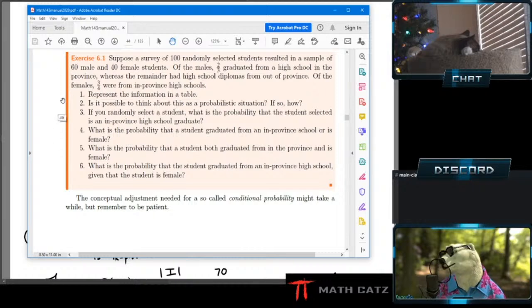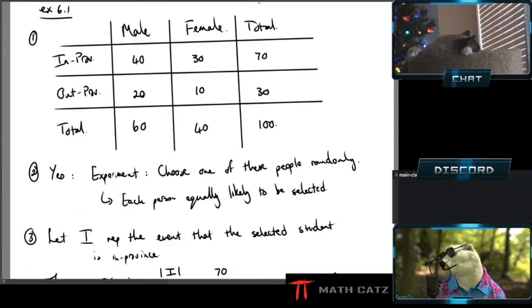Getting used to this probability concept, but to some degree, the probability concept isn't completely new for most. Let us see. What is the probability that a student graduated from an in-province school or is female? Now I already have I as in-province, my event.